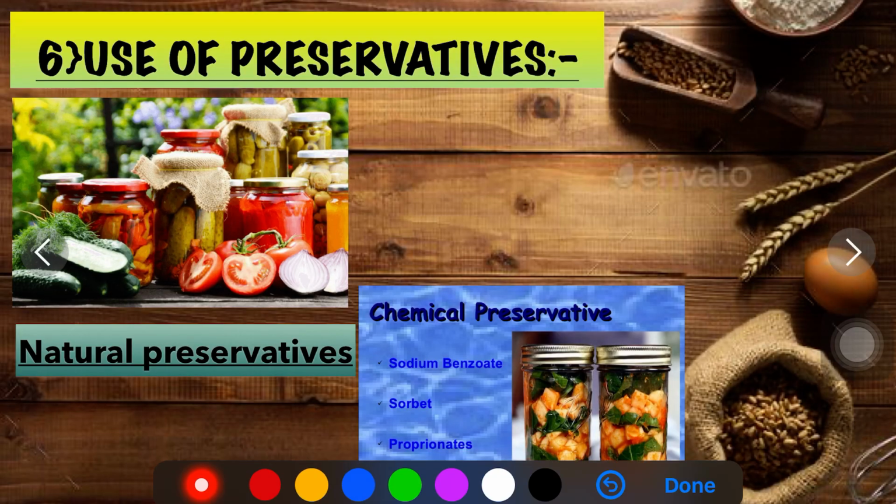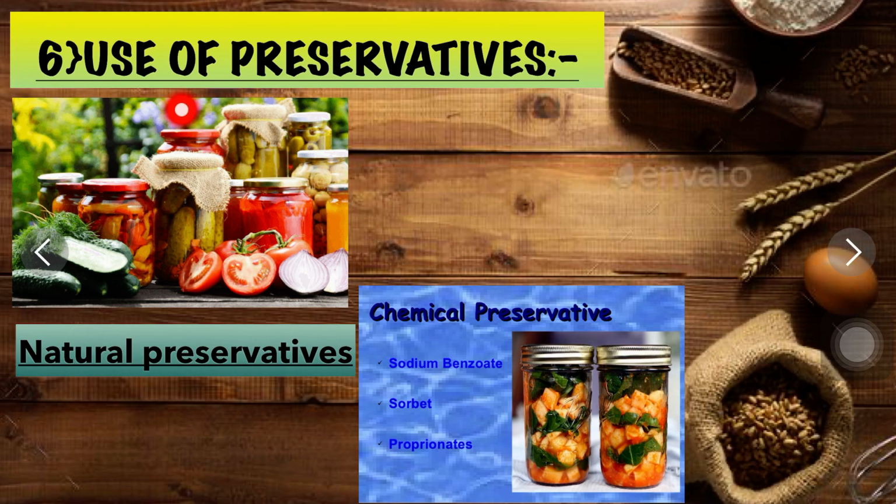There are two types of preservatives: natural preservatives and chemical preservatives. In natural preservatives, some naturally available materials like salt, sugar, oil are used as preservatives in pickles, jams, murabba, pitha, etc.